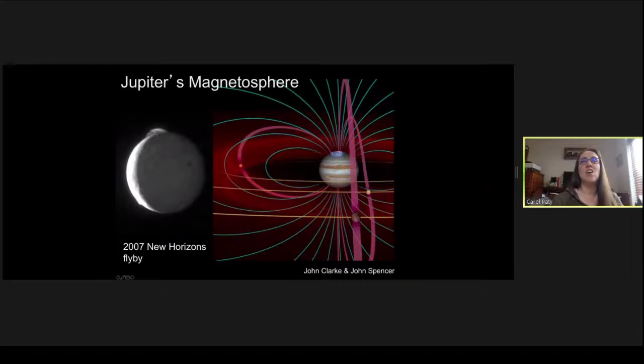But Io constantly has volcanic activity erupting off of its surface, and it creates a plasma source, what we call a plasma torus or a plasma donut, that's feeding Jupiter's magnetic field with plasma constantly on the order of about 1 ton per second, consistently.